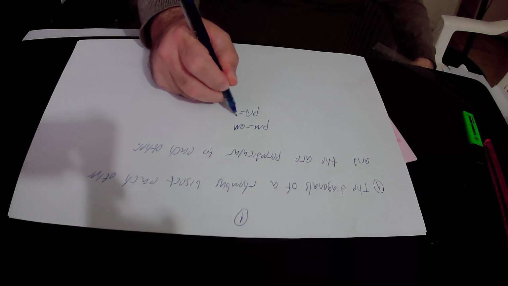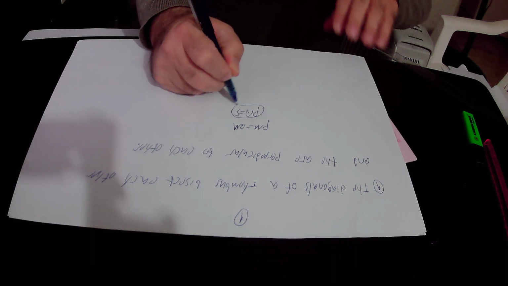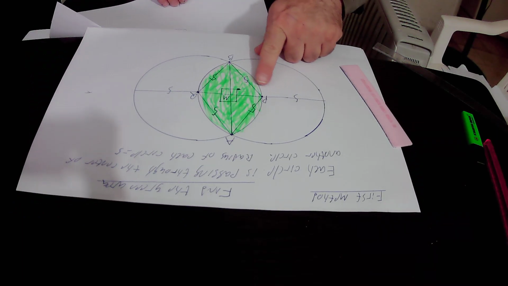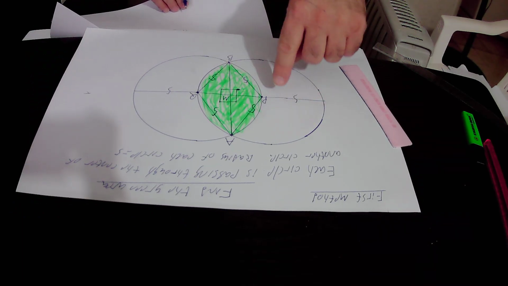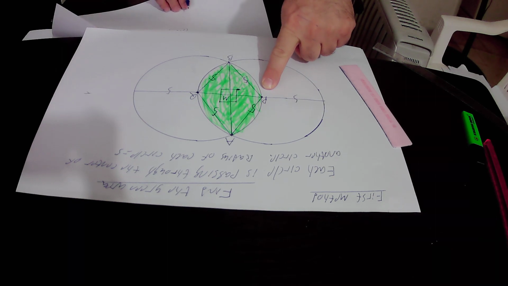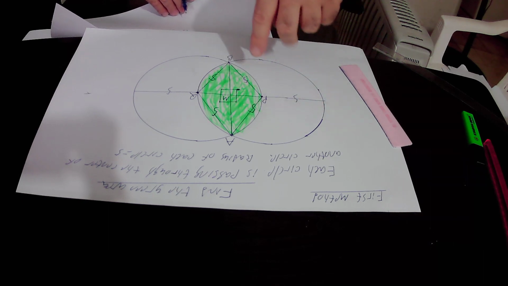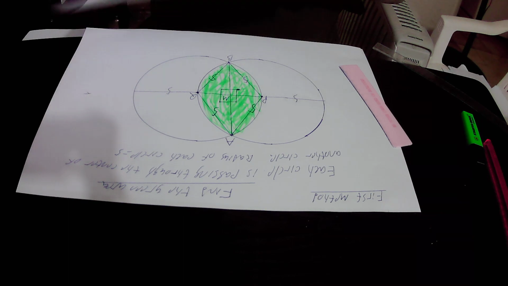PQ is the radius of this circle, because it starts from point P, that is the center of this circle, and ends at point Q, that is a point on this circle itself. Therefore PQ equals 5 units.